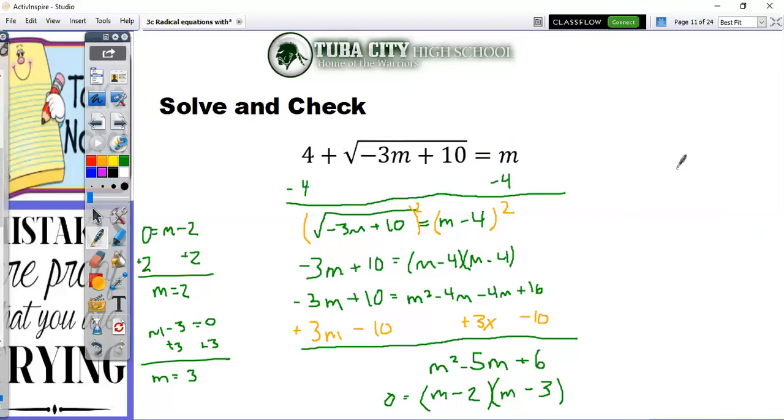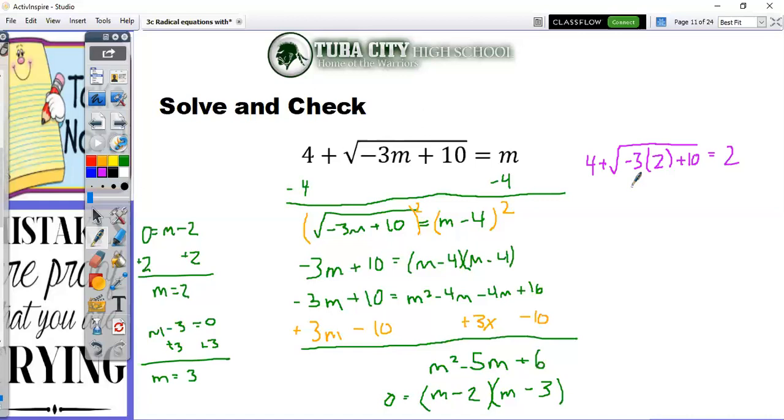So I'm going to go back to the original equation. 4 plus the square root of negative 3 times, and I'm checking 2 as the solution, so I'm going to plug in 2, plus 10 equals, and again, m is 2, so I'm going to put 2 in there.